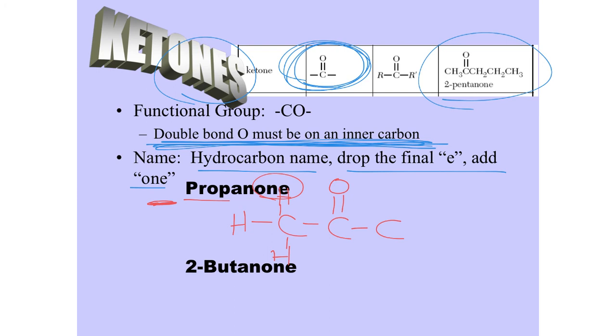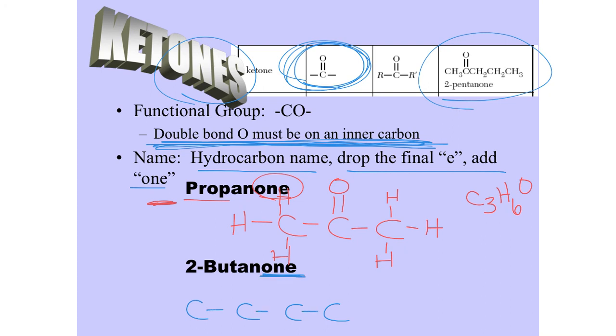Middle carbon does not get any H's because it already has 4 bonds. And oxygen doesn't get any H's because it already has the 2 bonds that it needs. Formula, you could just do C3H6O.